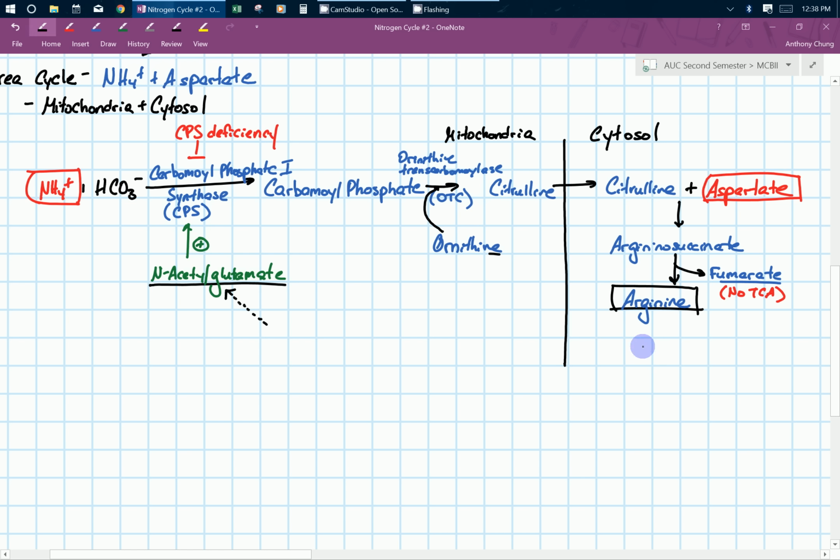This arginine loses that group, and it gets rid of a urea. So urea comes from the breakdown of arginine, but all those nitrogens that culminated in that arginine are going to be your aspartate and your ammonia. Once that arginine loses that urea, it becomes ornithine already.